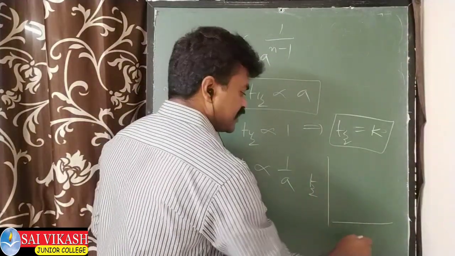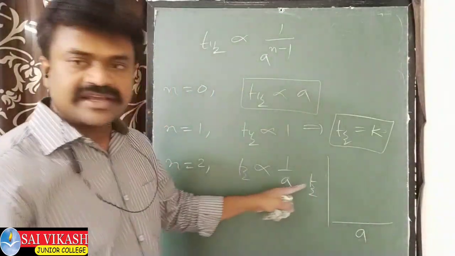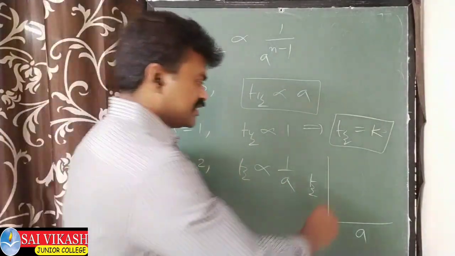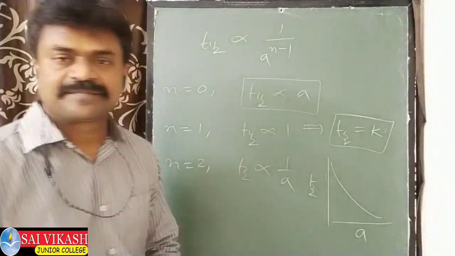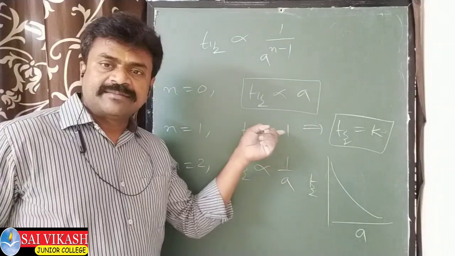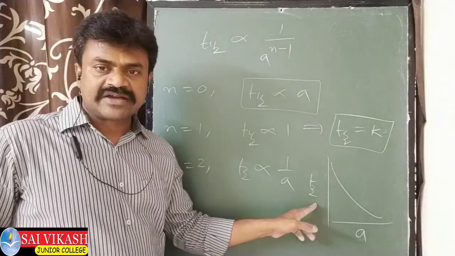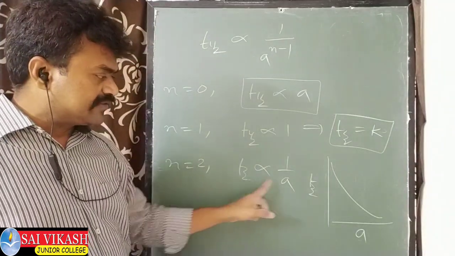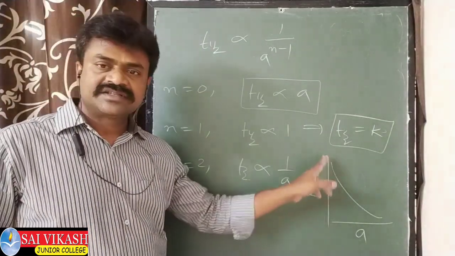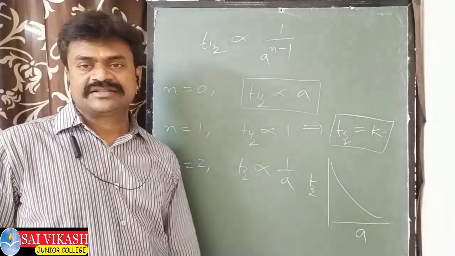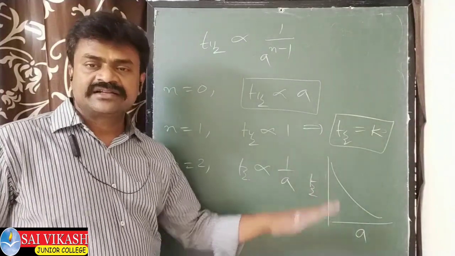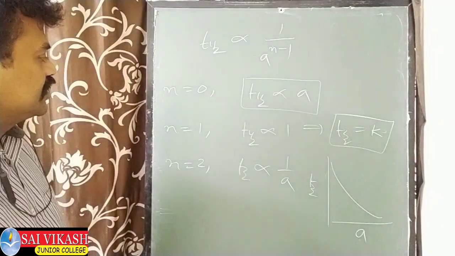When A increases, half-life decreases, then the graph will come like this. I have given the above two half-life graphs also. Here is the graph for the second order, half-life versus A. This is inversely proportional, and the graph comes like this. So that is half-life and order.